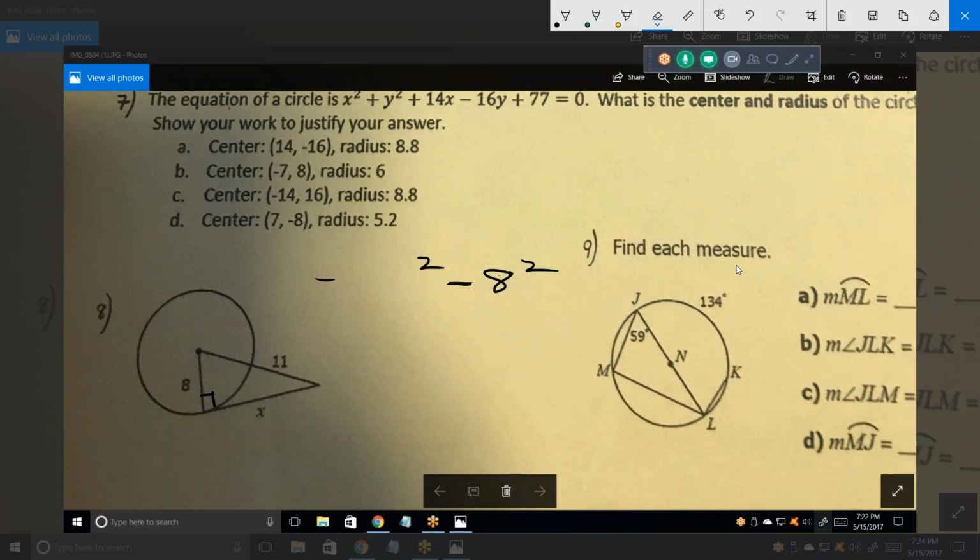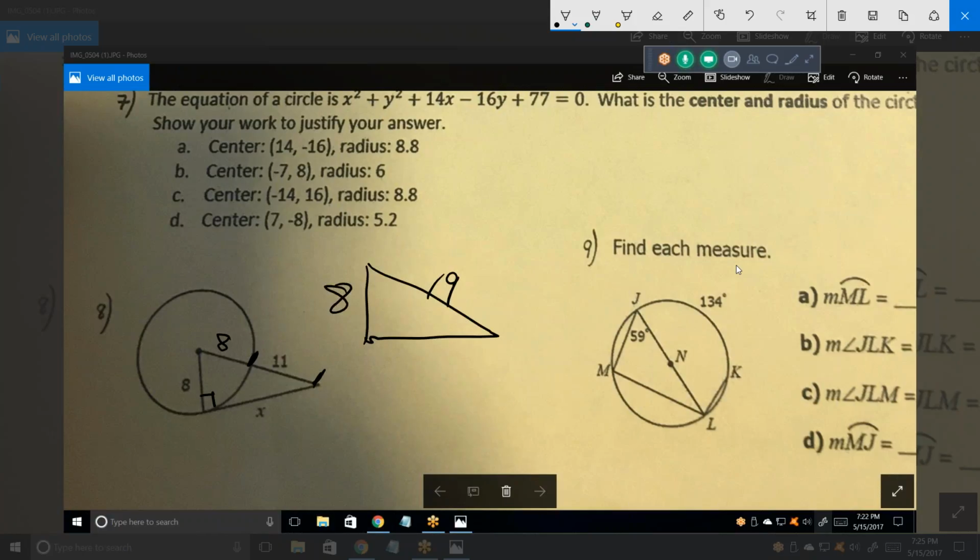The question, and I suspect the correct answer, is 11 is the measurement from there to there, which makes that 8, because all radii are equal in a circle. So really the triangle we're solving is 19, 8.